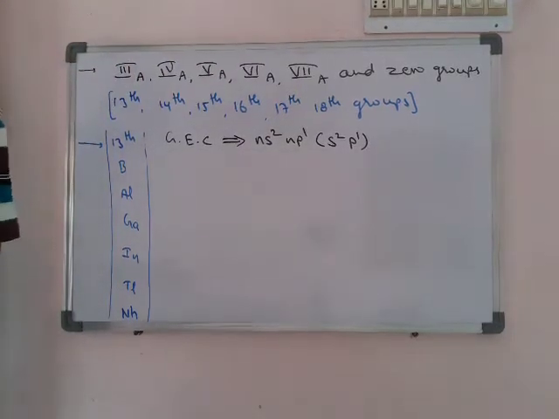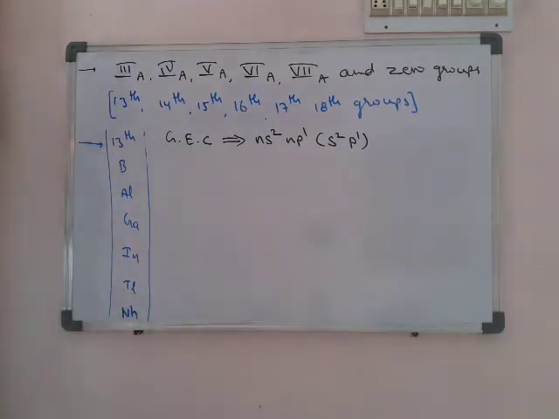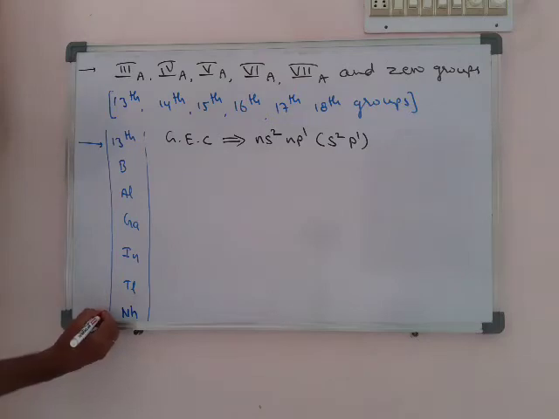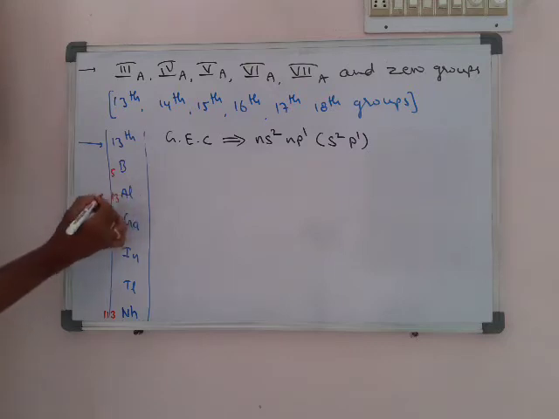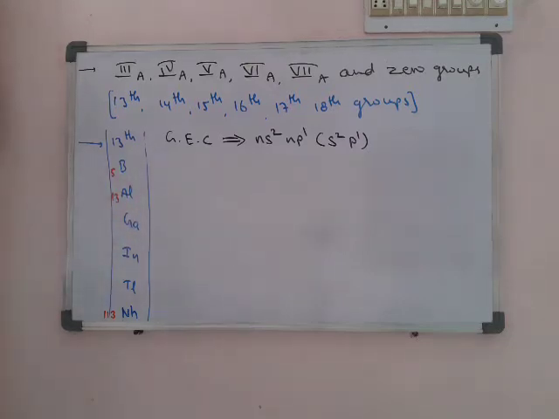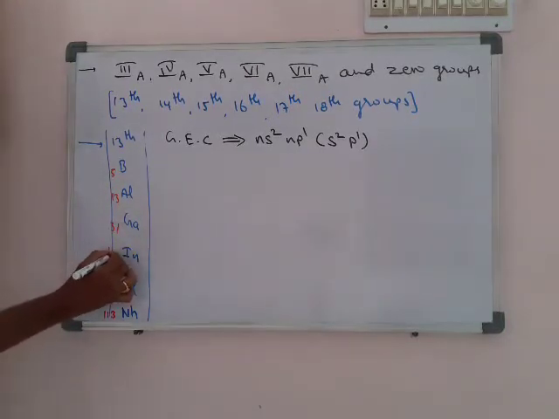Okay, so what are their atomic numbers if you see? So 13th group, what is the last element? Just remember, the 13th always comes under 113. So its atomic number is 113. So boron 5, aluminium 13. Next add 18, this comes to 31. Next add 18, 49.